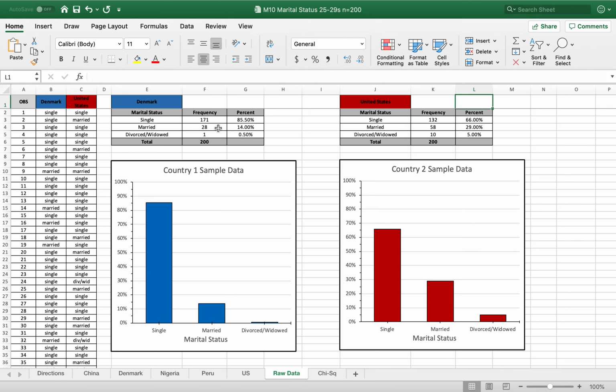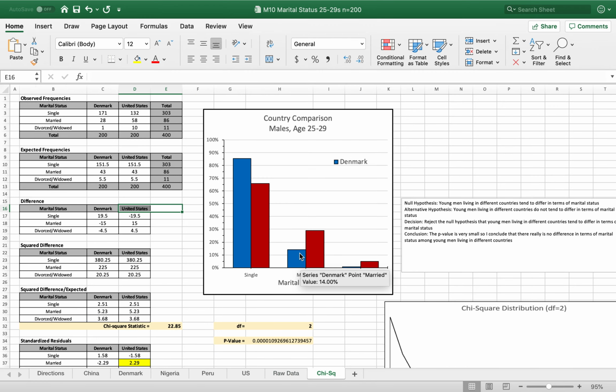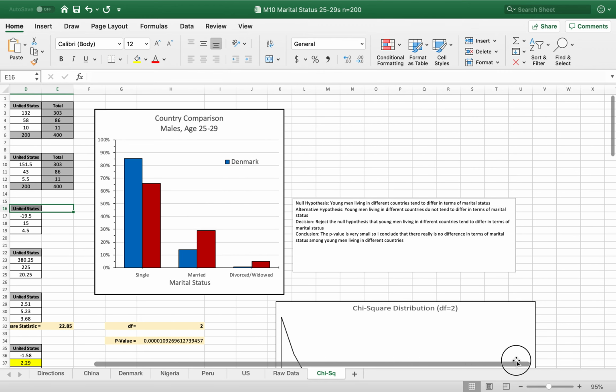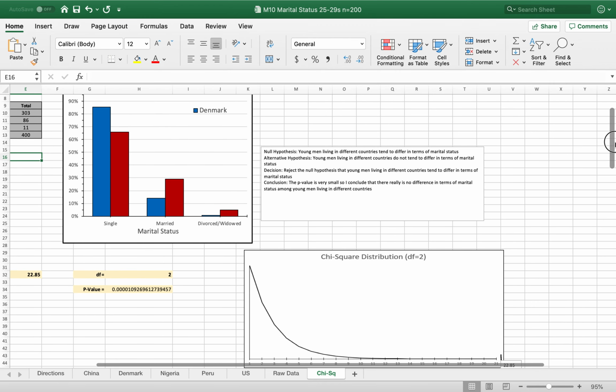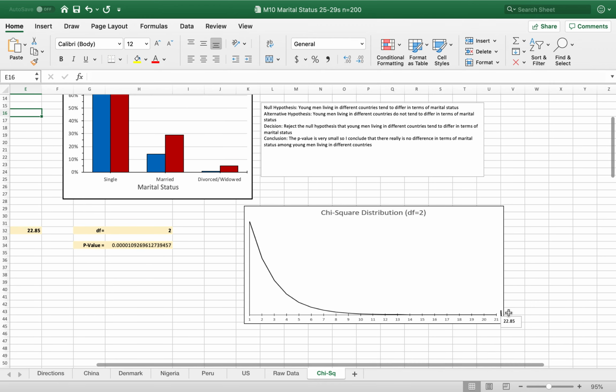From there, I will go to my chi-square statistic and then my p-value. The chi-square statistic is 22.85, which is a little large. It barely fit on this distribution, so I had to go out to the tail end.